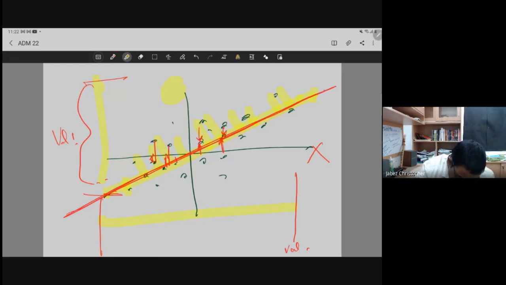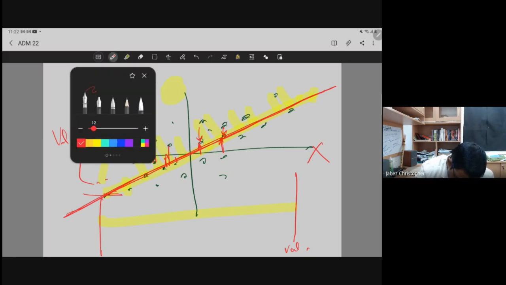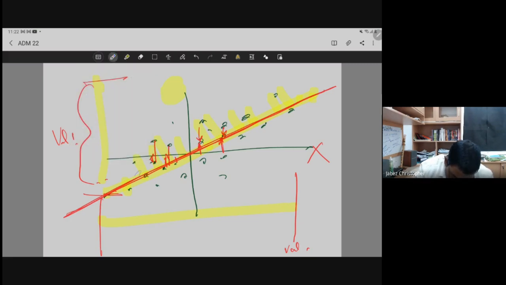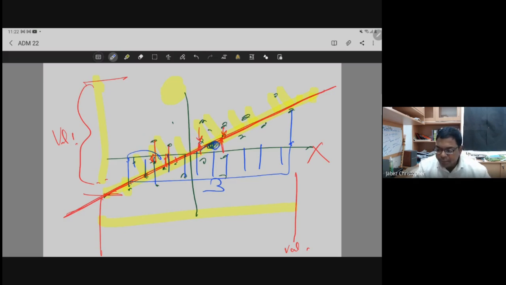Suppose I am going to project these points here on the x-axis. The variance will be some 3 units between all these points and the mean of this point. I hope you remember how we computed variance.